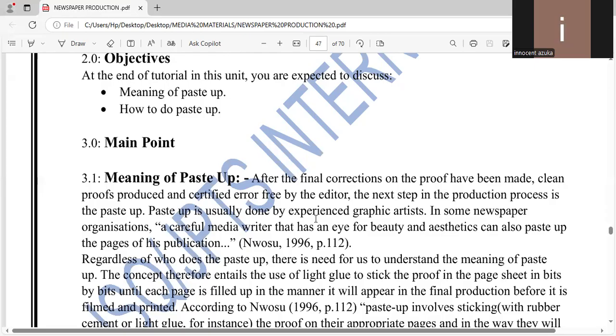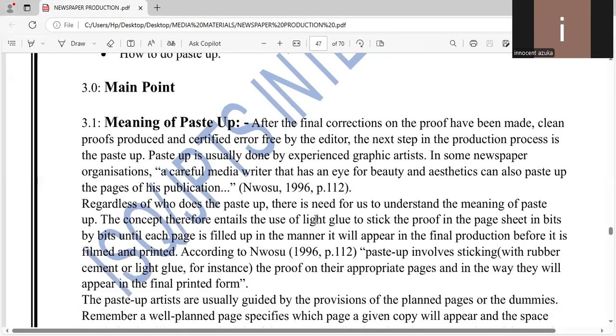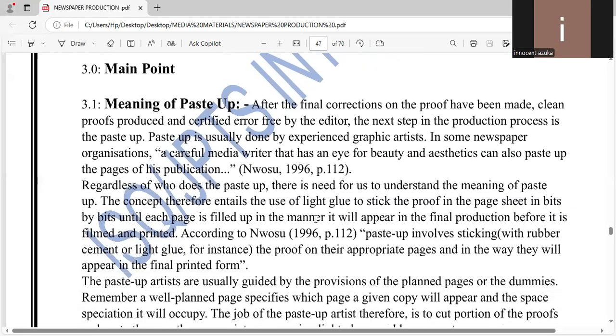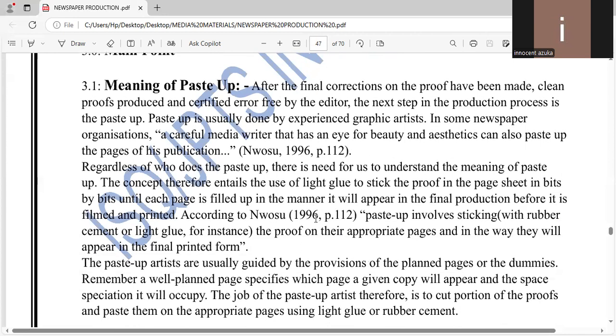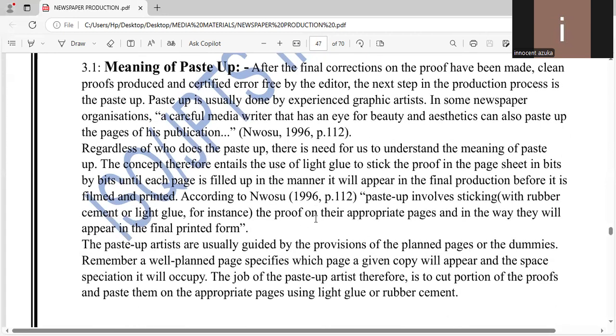In a newspaper organization, a careful media writer that has an eye for beauty and tactics can also paste up the page of his production. So regardless of who does the paste up, there is need for us to understand the meaning of paste up.